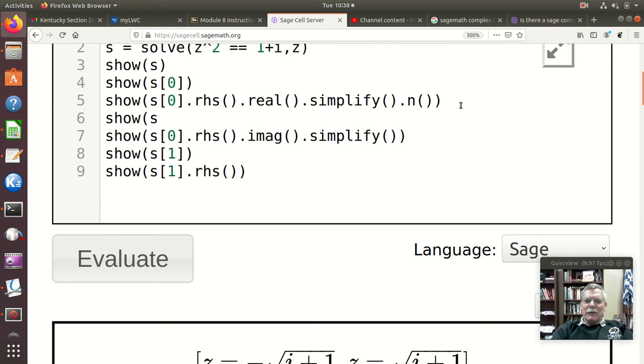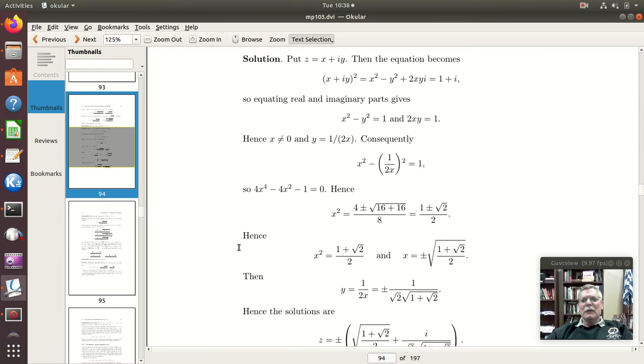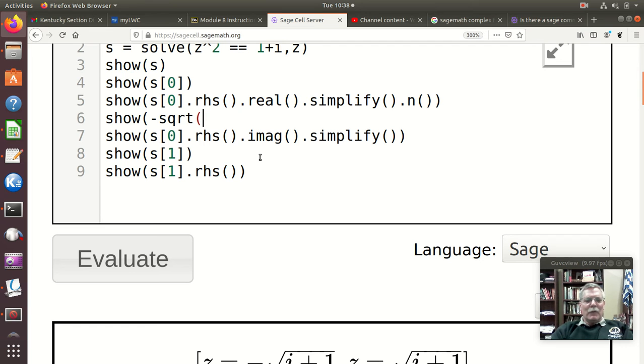Now to compare that, I could simply show, we had it's I think minus, right? So minus the square root of, and I don't remember now, so the square root of 1 plus the square root of 2 over 2. So I can do 1 plus, well, I need another set of parentheses, I guess. 1 plus the square root of 2, all divided by 2.